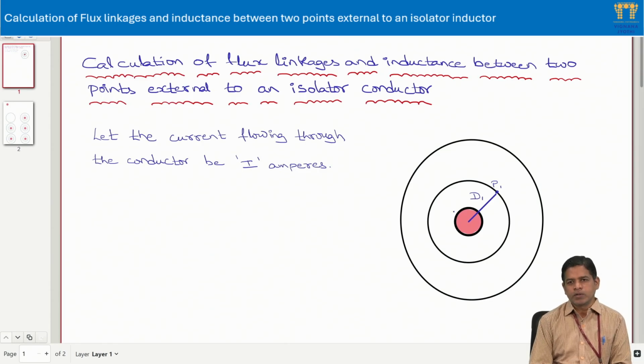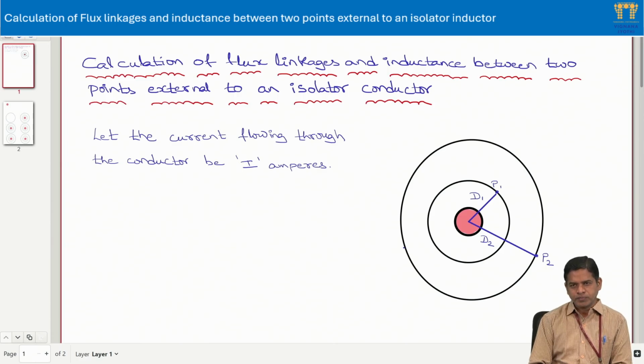Let another point be at a distance d2 and let this point be p2. So I have basically considered 2 points p1 and p2 at distances d1 and d2 from the center of the conductor.